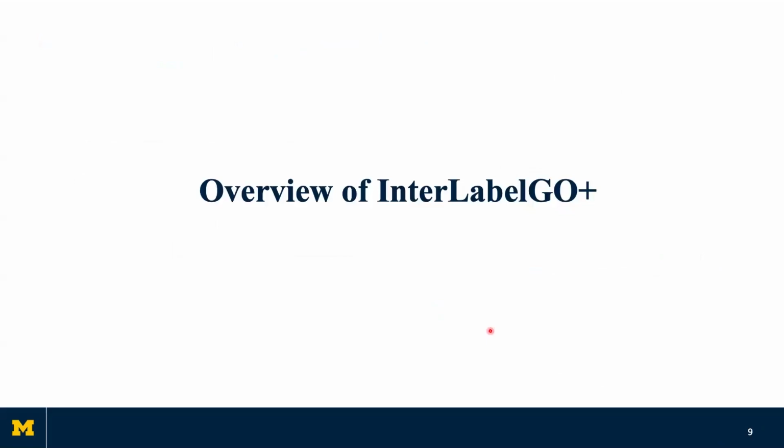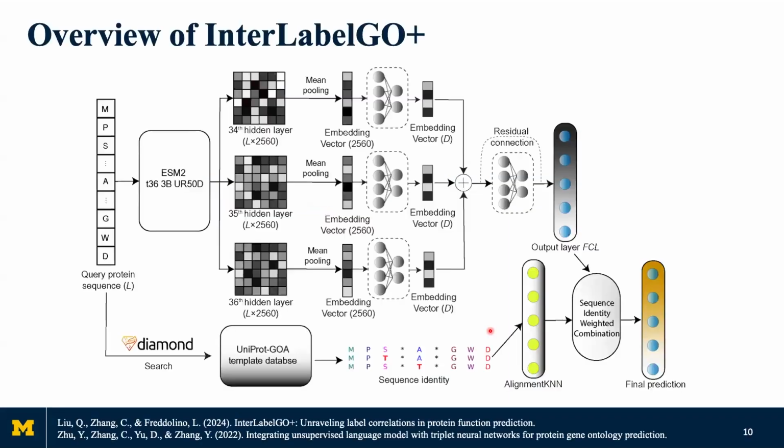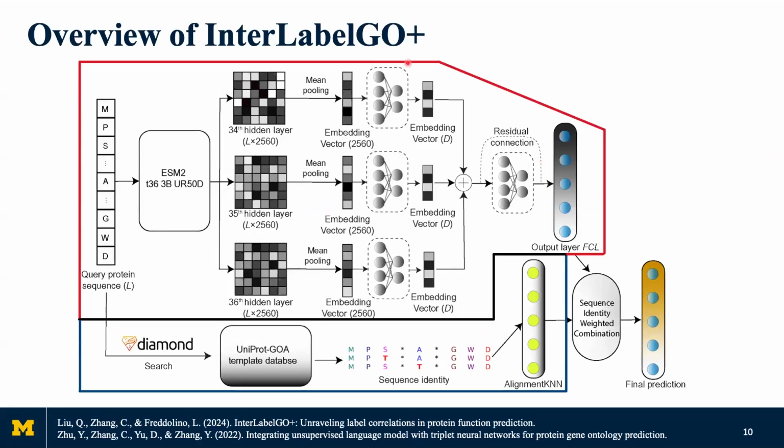Next, I will introduce our method InterLabelGO and the high-level details of how we address the challenges we just discussed. This is the overall pipeline of InterLabelGO Plus, which is a composite method that integrates a deep learning based component and an alignment based component.